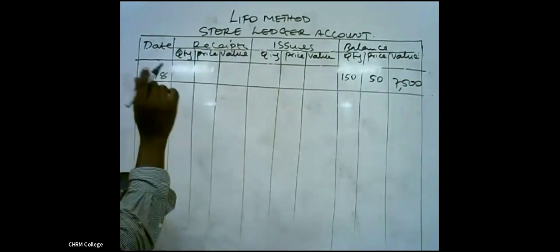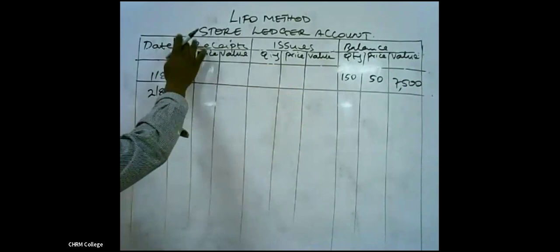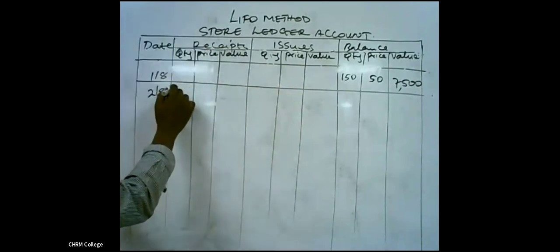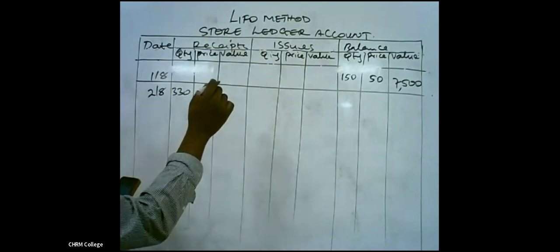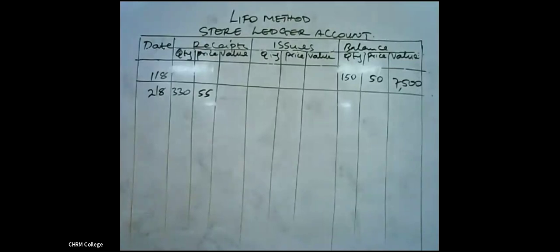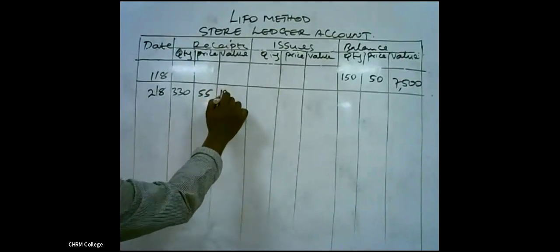of August, we bought, that is now a point of receipt. We received 330 units at 55. You take 330 times 55, you get 18,150 as the value.